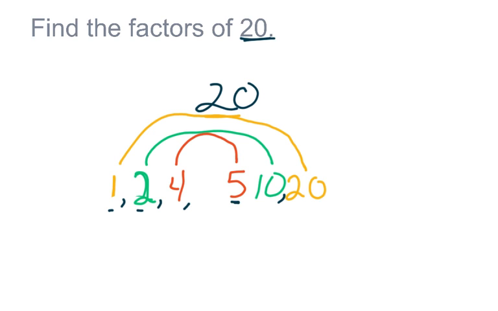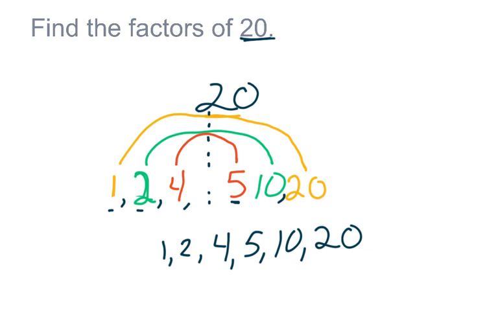Oh, hey, look, I already have 5. I've kind of crossed over the line of symmetry of my rainbow, and that's one way for me to know I'm done listing all the factors. So if it says find the factors of 20, you would write a list that says 1, 2, 4, 5, 10, and 20 are all factors of 20.